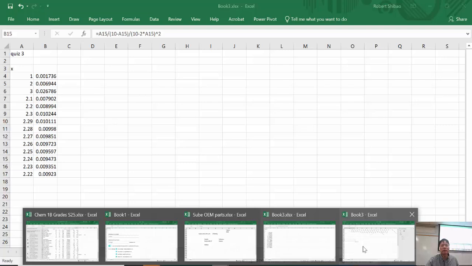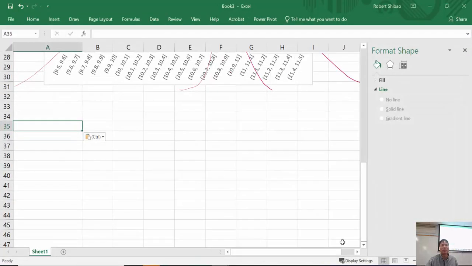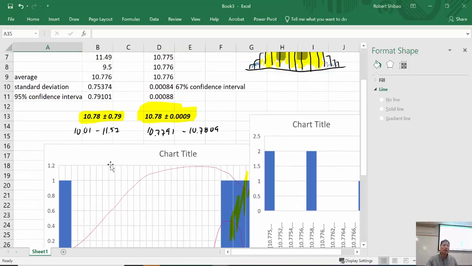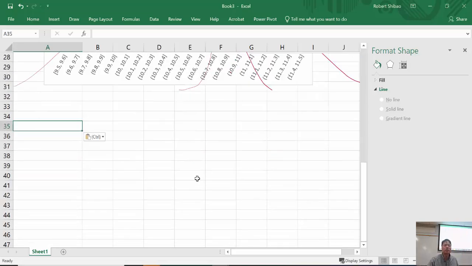But what we're going to do for our lab report is not this. What we're going to do for our lab report is this. Now that we have our pH of 10.78, we don't have the most confidence in that because it's spread out between 10.01 and 11.57. What we're going to do is a calculation: we're going to determine the experimental Ka and Kb values.